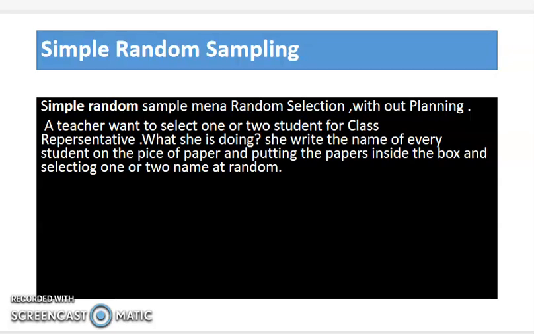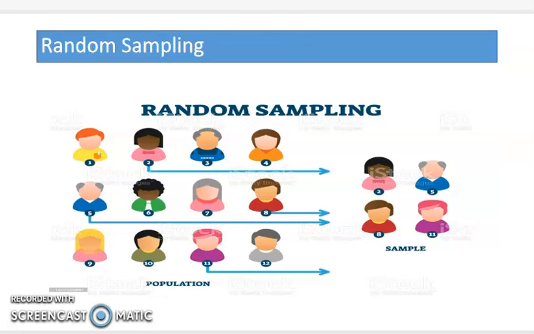What does she do? She writes the name of every student on a piece of paper, puts the papers inside a box, and selects one or two pieces of paper from the box at random. This type of sampling, selecting at random without planning, is called random sampling. So random sampling means simply selection without any planning.